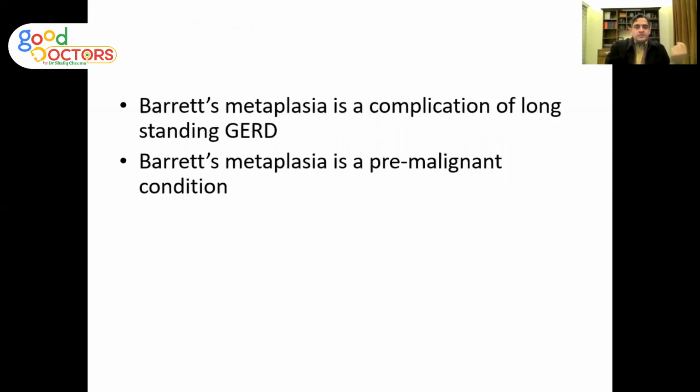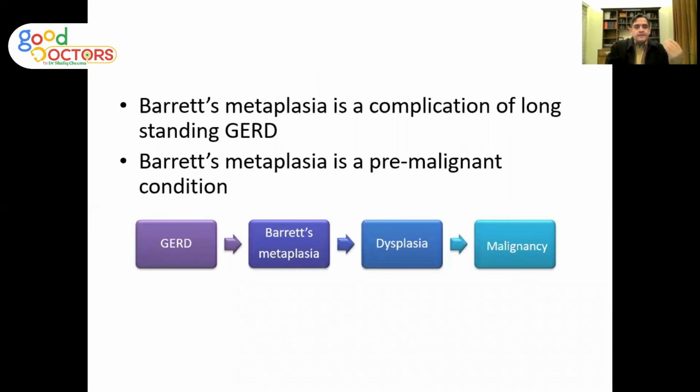It's a pre-malignant condition, and Barrett's metaplasia first develops mild dysplasia, moderate dysplasia, severe dysplasia, and then it can transform into malignancy. But this is a process which takes years.